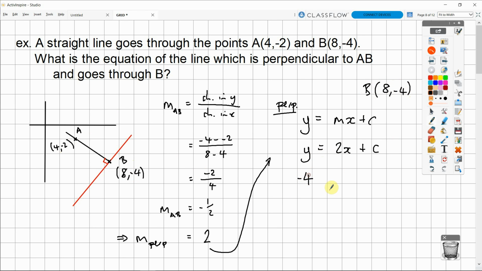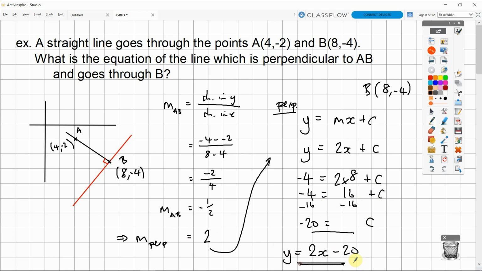The y value is negative 4, equals 2 times 8 plus c. If I take 16 from each side, then I discover that c is negative 20. And it now follows that I have y equals 2x minus 20. That is the equation of this straight line in red.